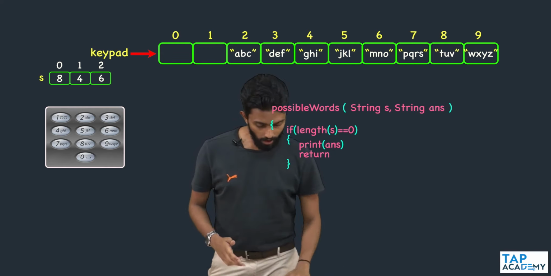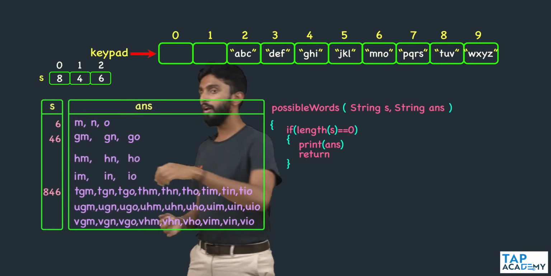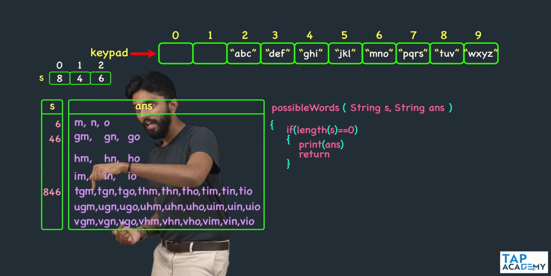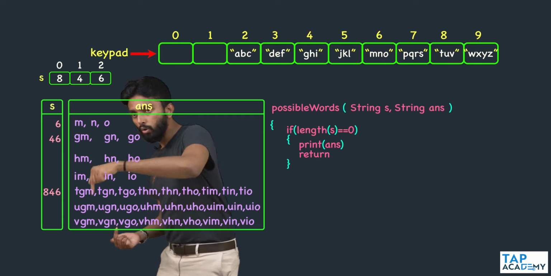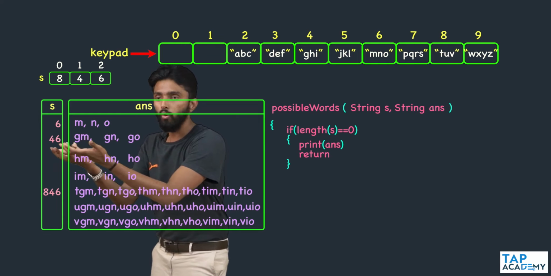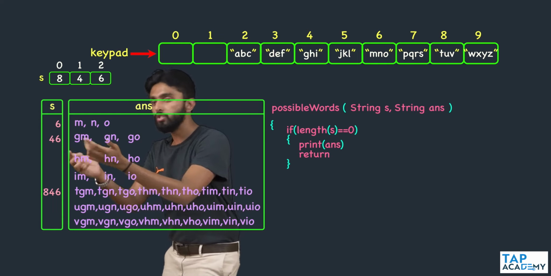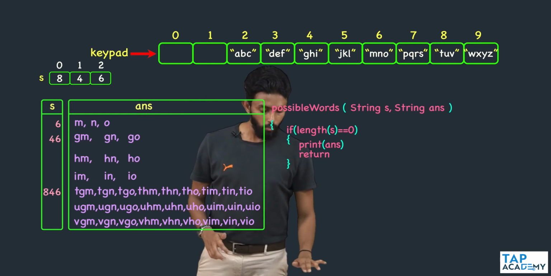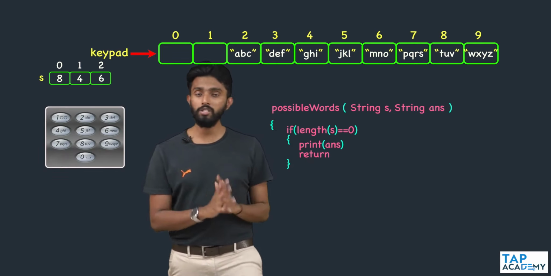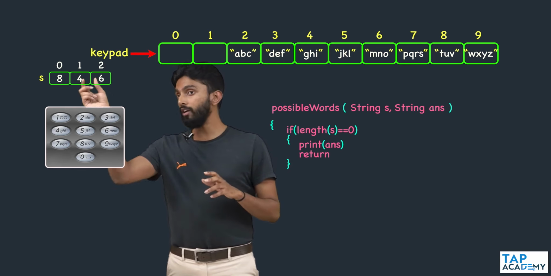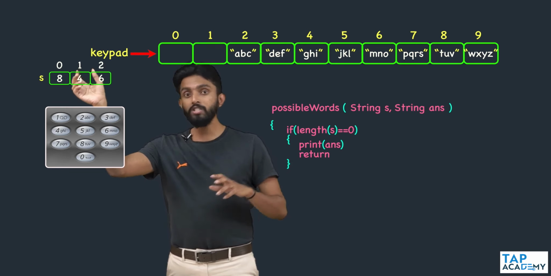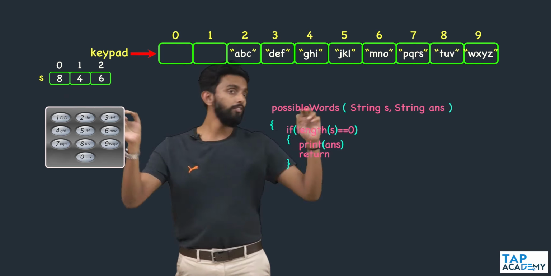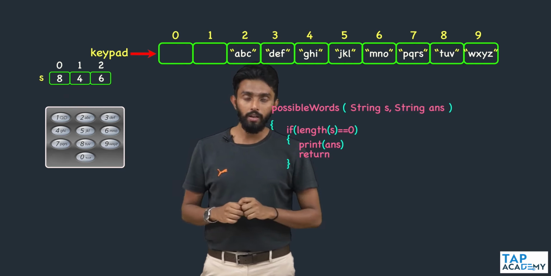That is what I'm also just showing you here. That's what we did, right? 8, 4, 6 means 8 has T, U and V. To T, attach all the combinations of 4, 6. To U, attach all the combinations of 4, 6. To V, attach all the combinations of 4, 6. Which means, would you agree with me that first and foremost, I have to get all the combinations associated with 8, which is nothing but T, U, V, right?